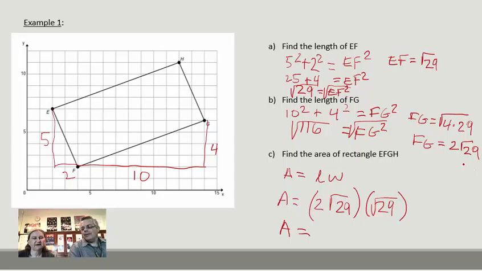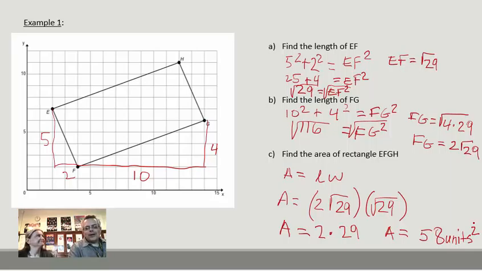If we multiply this out, we have 2, and the square root of 29 times the square root of 29 is just 29. So the square roots are gone, and we get 58 units squared.